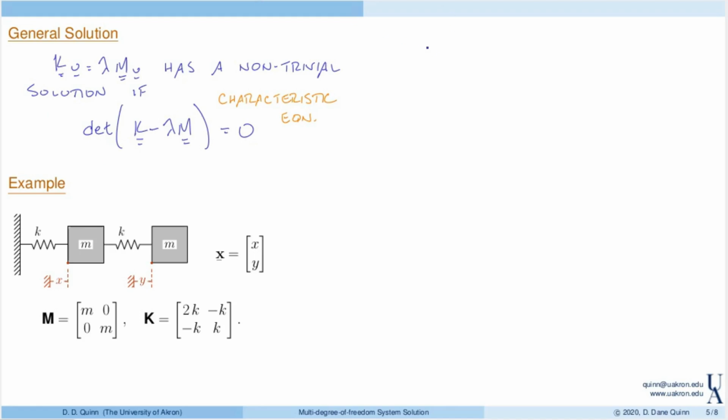Now, a couple of facts for an n degree of freedom system. Right, so n is the degree of freedom. These matrices are n by n matrices. Then we find that the characteristic equation is an nth order polynomial.